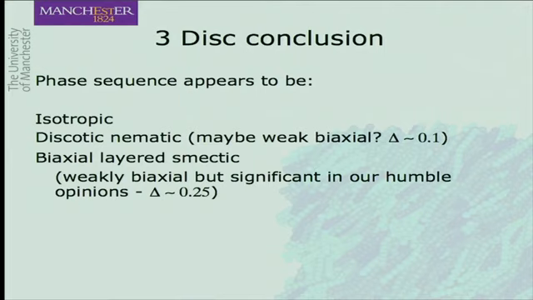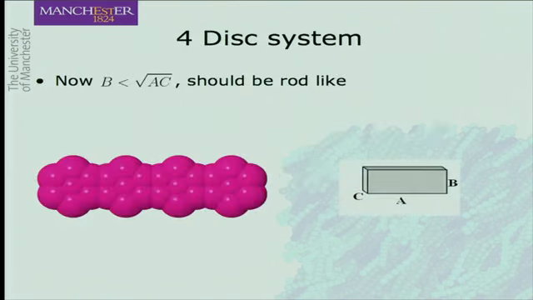So again, from our point of view, that was big enough that we have to take it seriously. We think it's a biaxial but layered smectic. But we didn't get a biaxial nematic, at least not convincingly so. So finally, the 4-disk system, which is big enough, we think, to map onto something which should be rod-like.